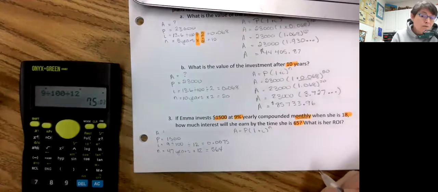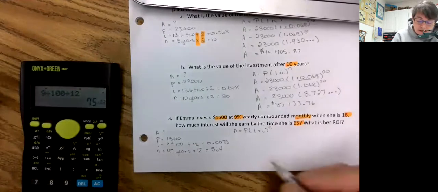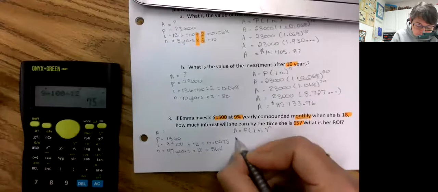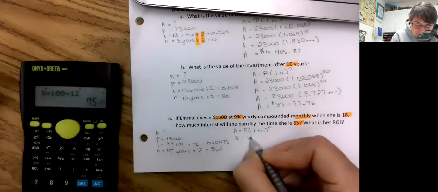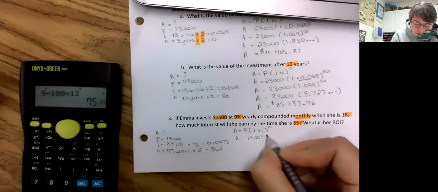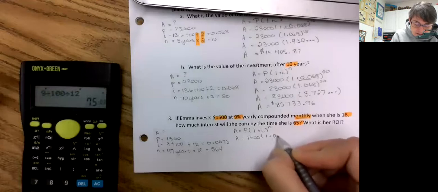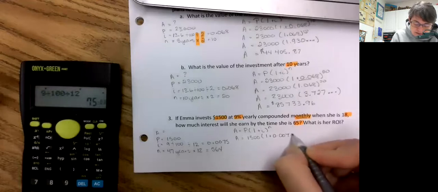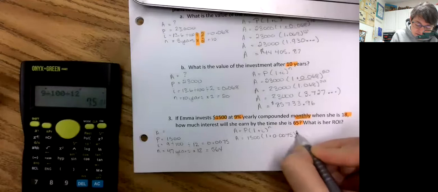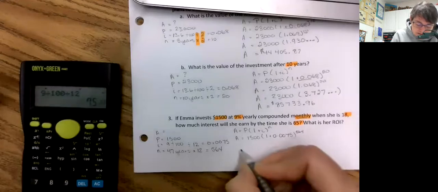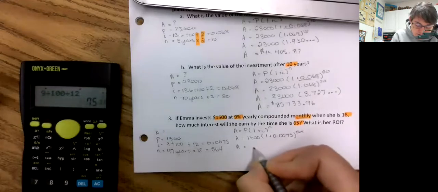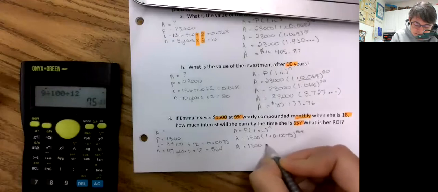And it also tells me what numbers you're putting in where. Just good practice. A is equal to 1,500 times 1 plus 0.0075 to the 564th.